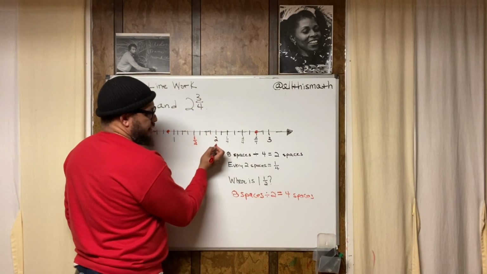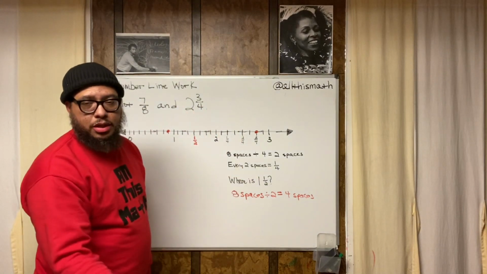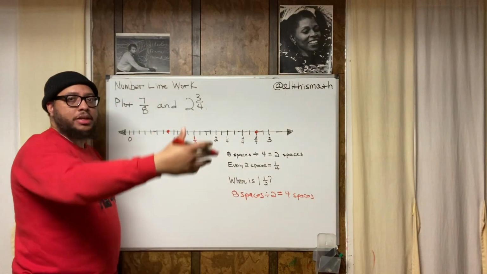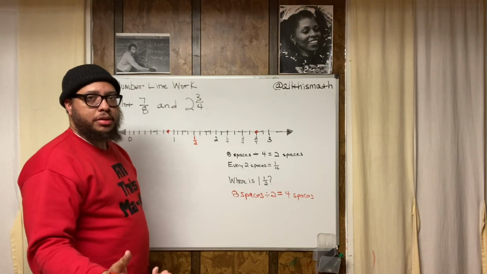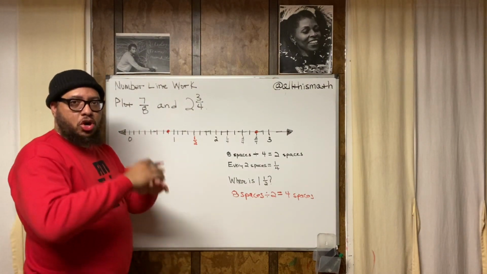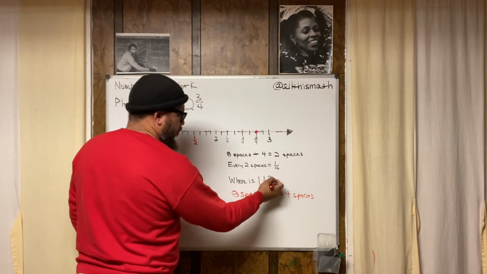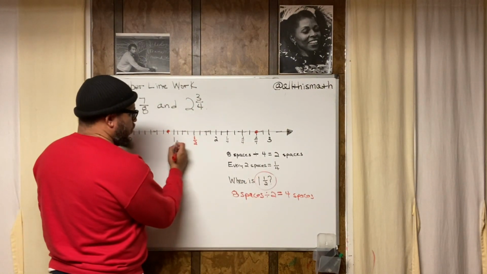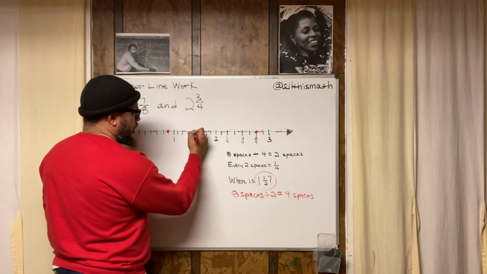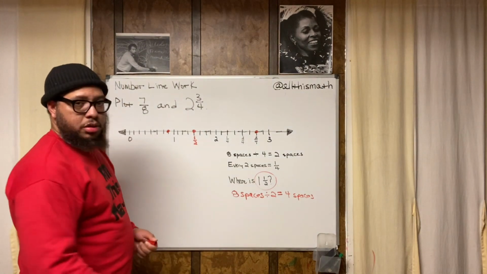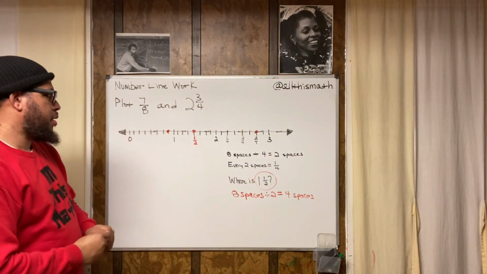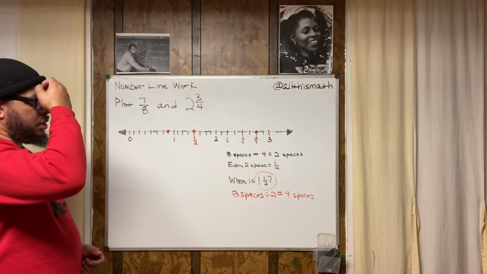That would be 2 halves, which is the next whole number, because 2 halves is equal to a whole 1. We can simplify that and just call it a whole number 1. But if we're looking for 1 and 1/2, it's right here. And that's how you do it.